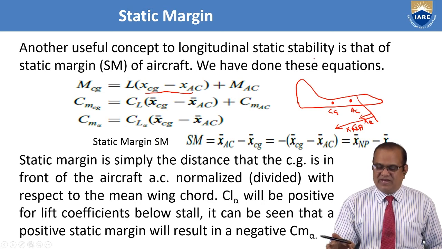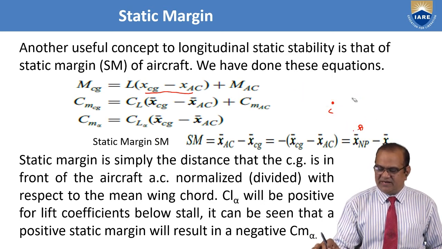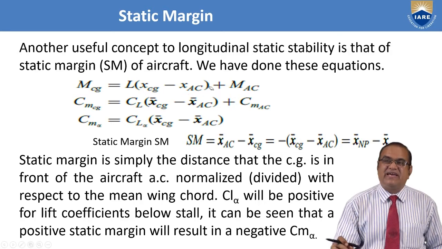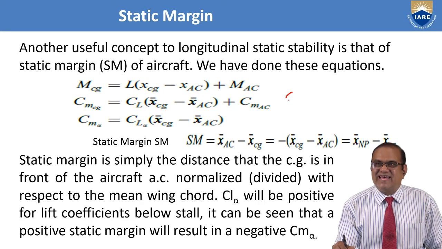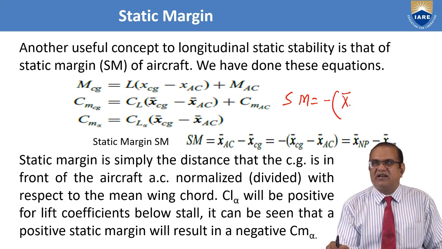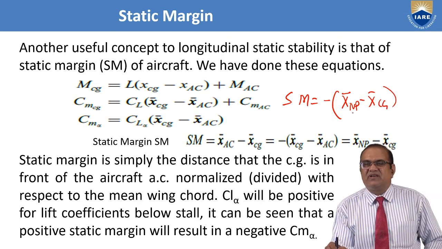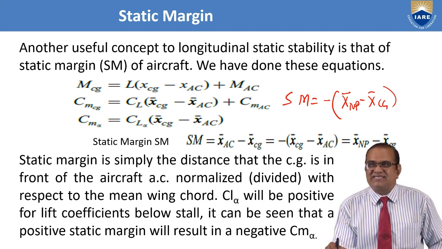It is a very important parameter, and it gives the aircraft stability. So SM, the static margin, is equal to X bar NP minus X bar CG. It means the distance of the neutral point minus the distance of the center of gravity.